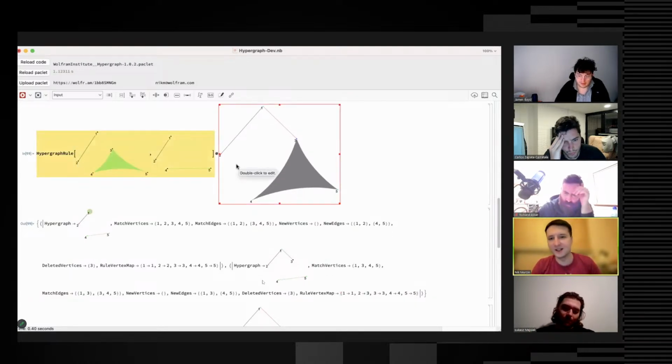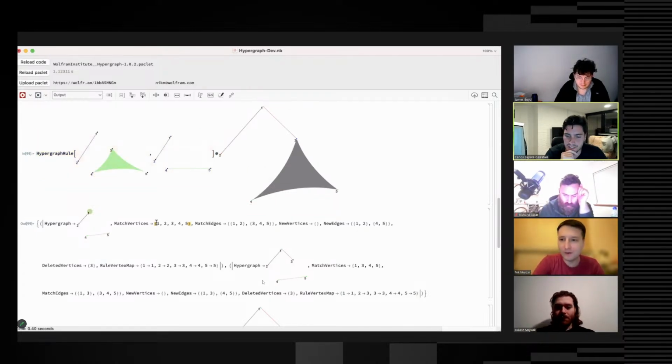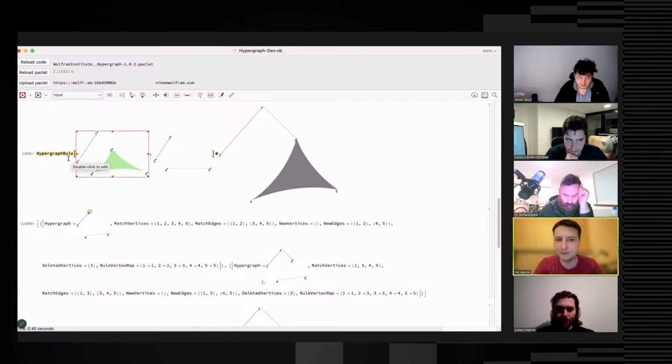Wait, but I'm a bit confused. Why do we have vertex maps? Well, because you treat the vertices on the left-hand side of the rule as some kind of patterns, right? They're variables. You're not looking for the vertices verbatim.